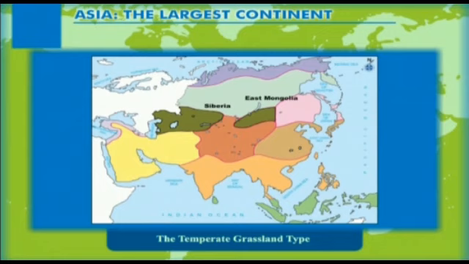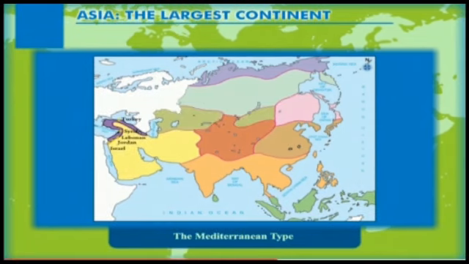The climatic conditions are short and hot summers, long and cold winters. They receive scanty rainfall, that means very little rainfall, and that too in summer, due to their continentality, meaning they are far away from the sea.